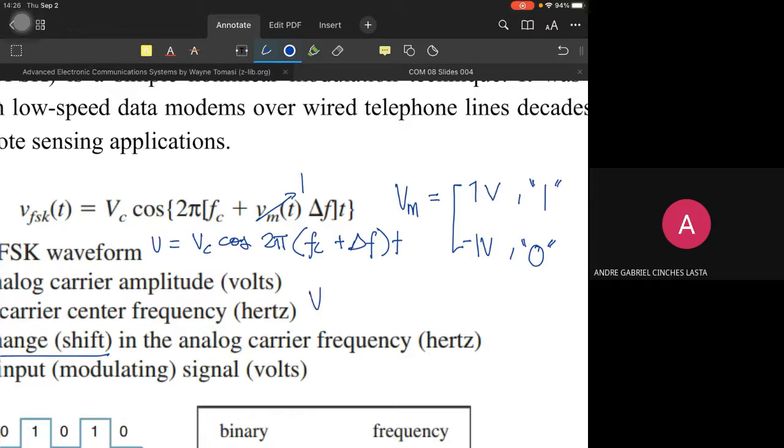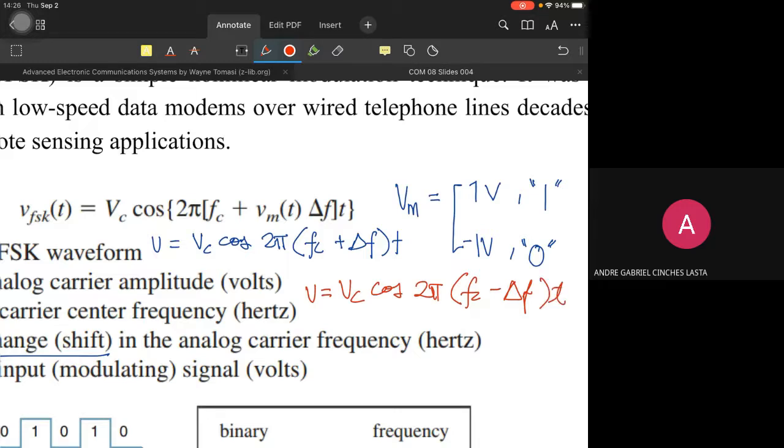If logic 0, it changes to negative 1. So meaning FC minus delta F. So if logic 0, V is equal to VC cosine 2 pi times FC minus delta F times t.